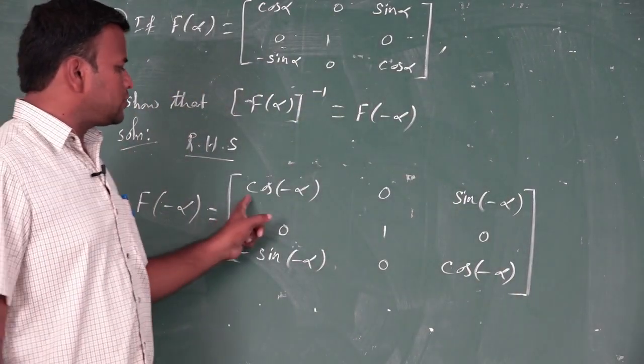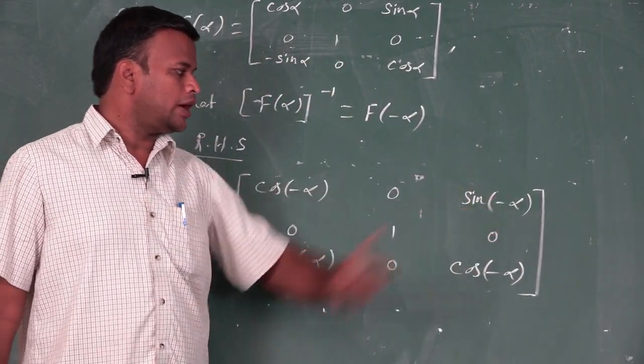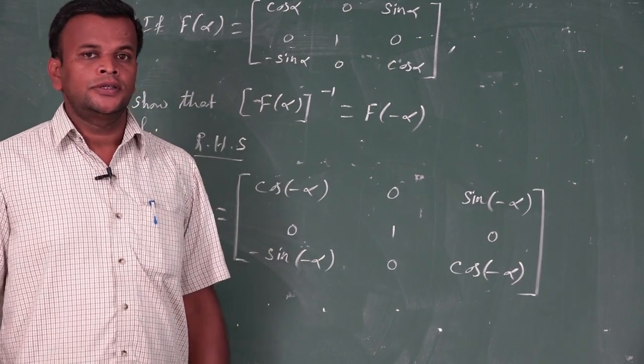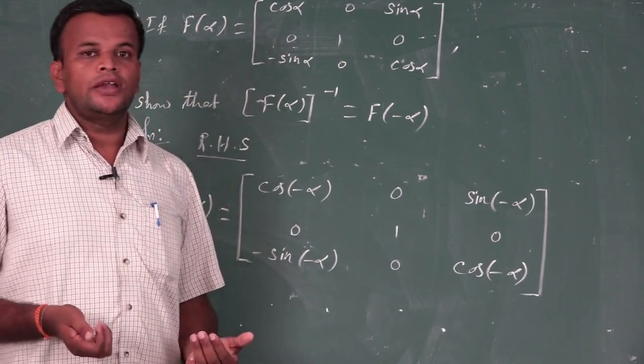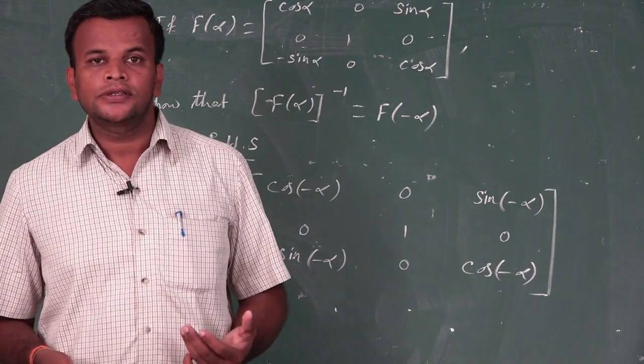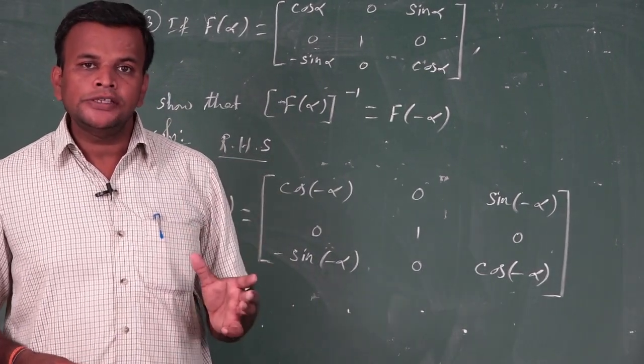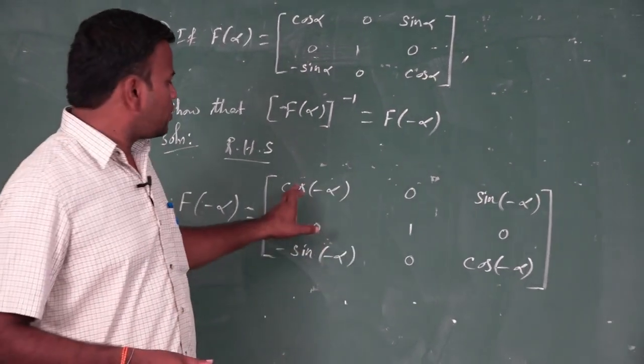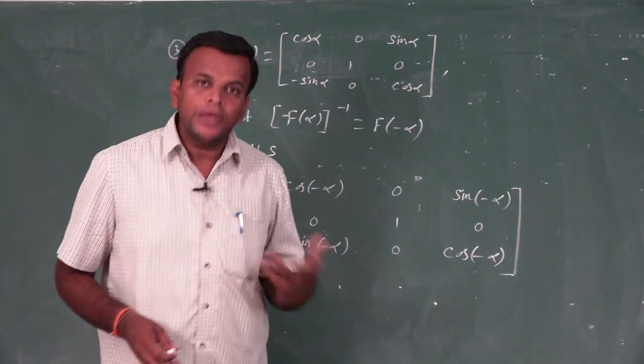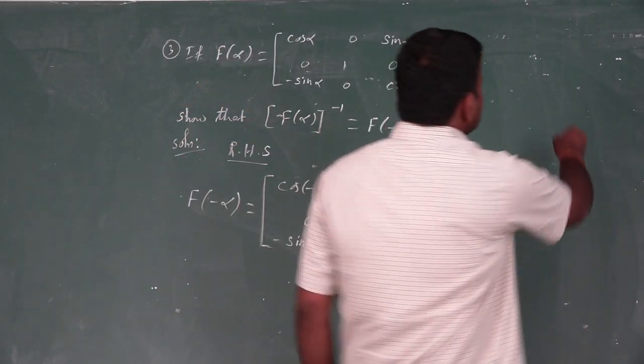You must identify the value of cos of minus alpha and sin of minus alpha. In our lower classes we already saw that cos of minus theta is always cos theta and sin of minus theta is minus sin theta. So cos of minus alpha becomes cos alpha, and sin of minus alpha is minus sin alpha.